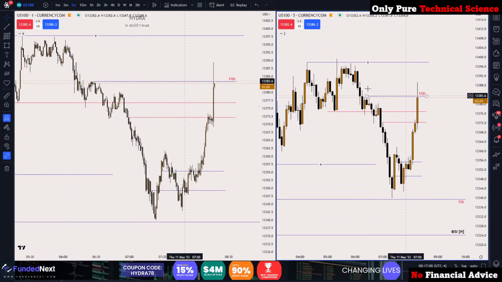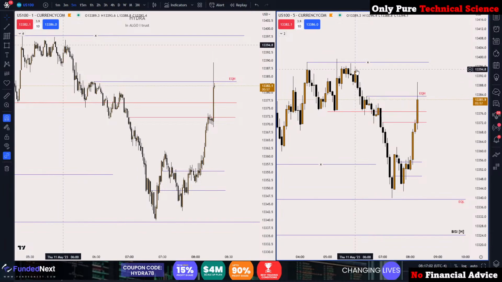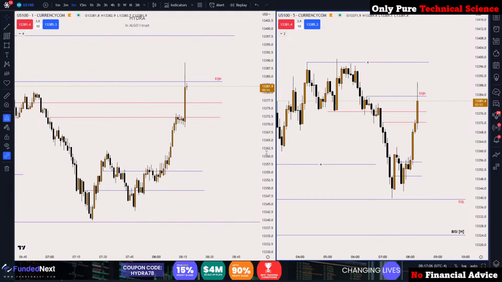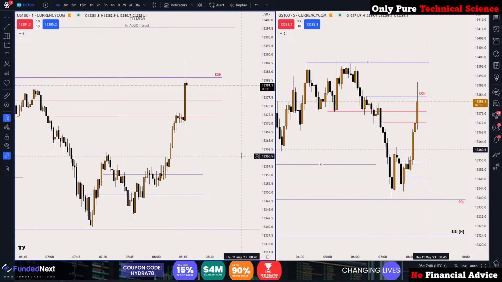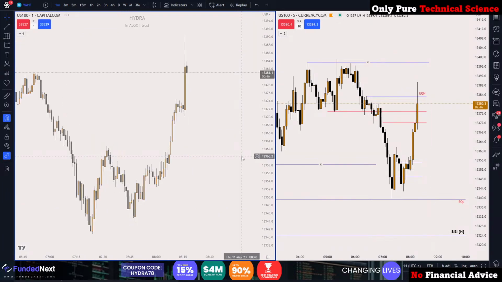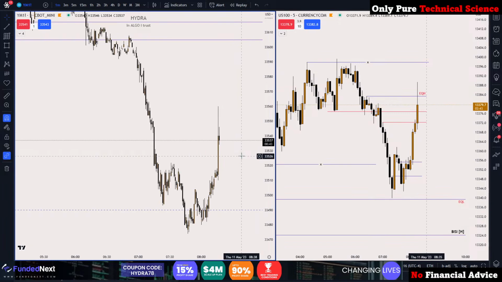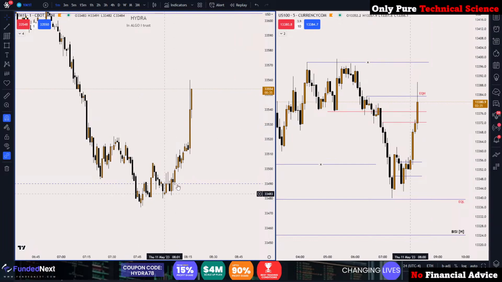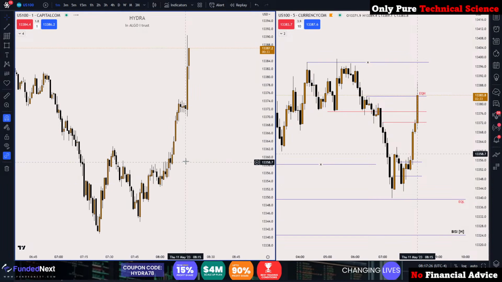On 5 minute chart, that's the order block. Why I'm just looking a little bit more choppier, but I do see relative equal lows here.